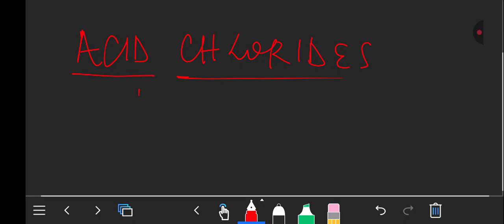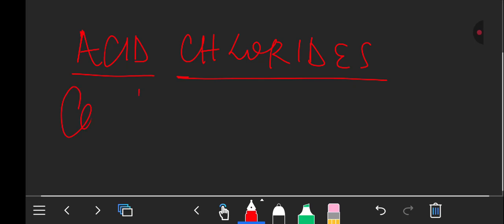So when you're talking about acid chlorides, we are simply talking about a certain compound which is formed when a carboxylic acid reacts with a halogen.